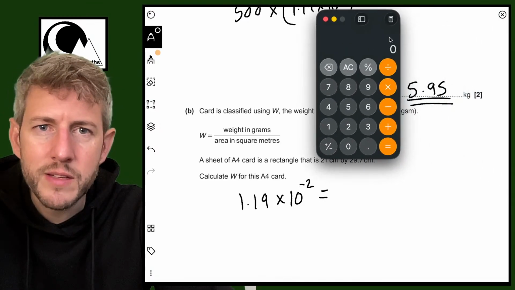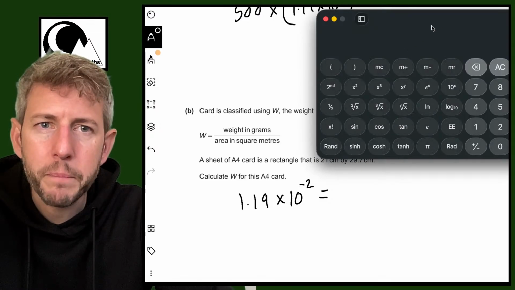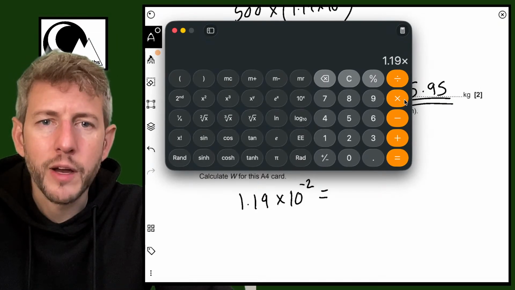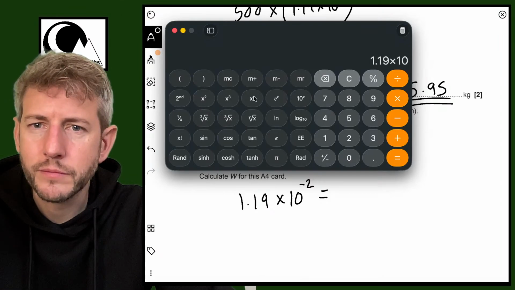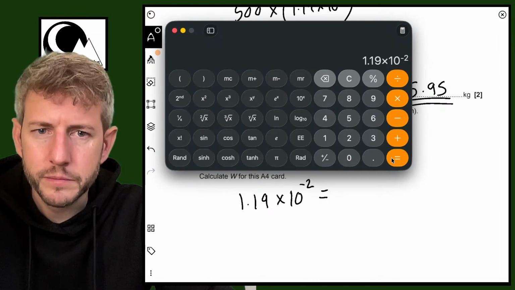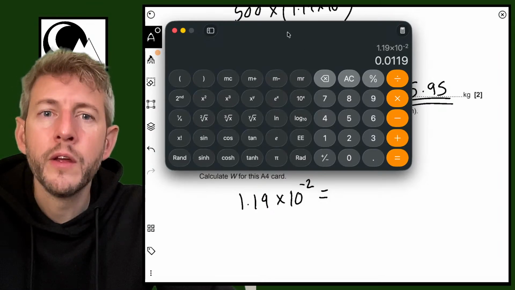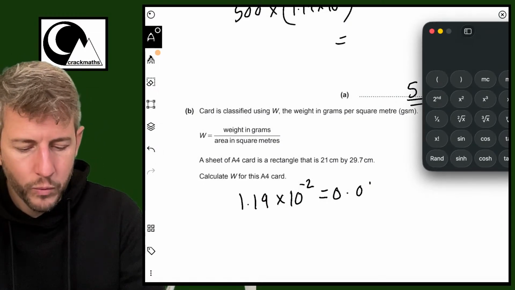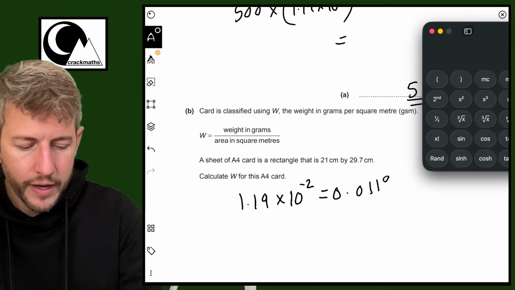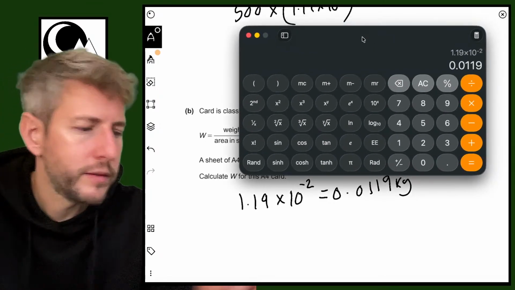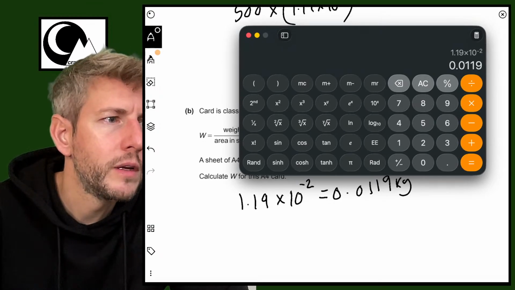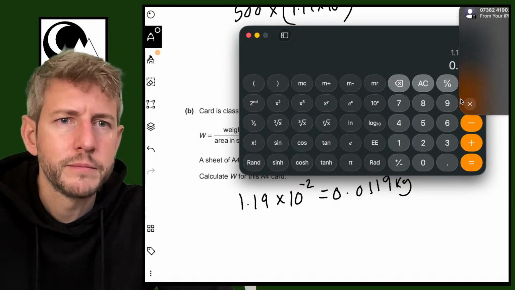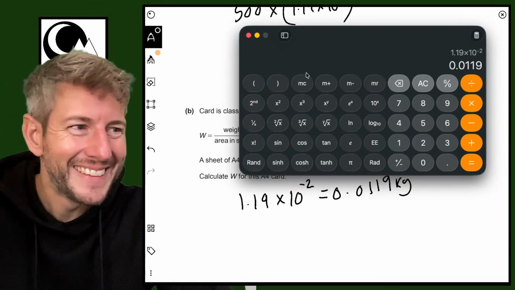So we've got here scientific calculator again. 1.19 times 10 to the minus 2. So that equals 0.0119 kg. Okay. Sorry about that.